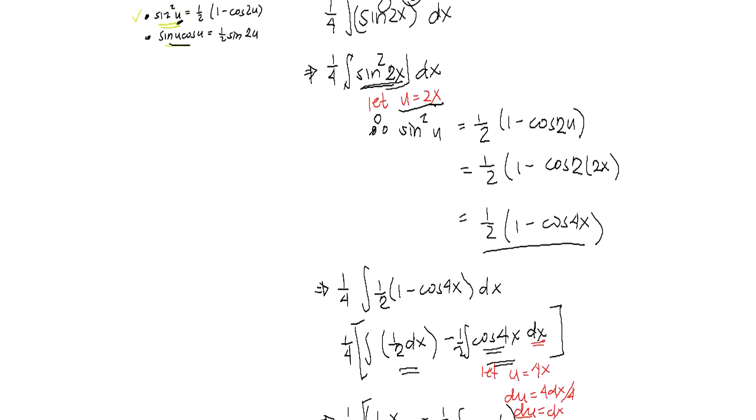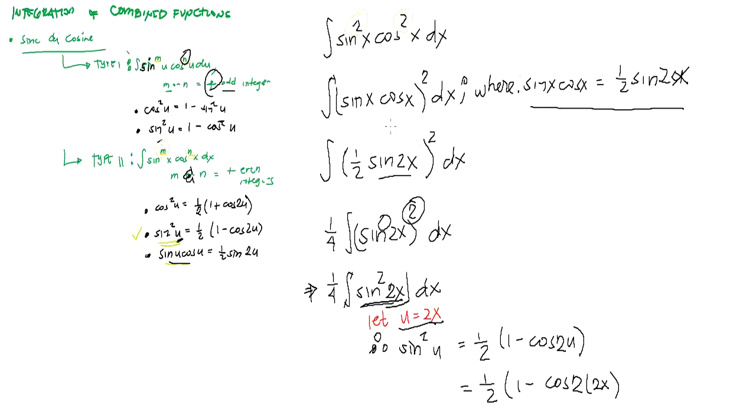Okay, so once again let us review. Say we have a combined function of sine and cosine: sine squared x cosine squared x dx. We analyzed that both exponents are positive even integers, so we classify this as type 2, and by having this type we can use this identity.